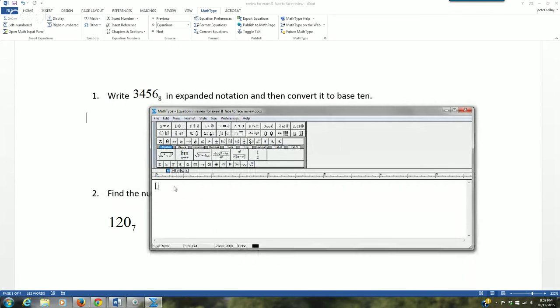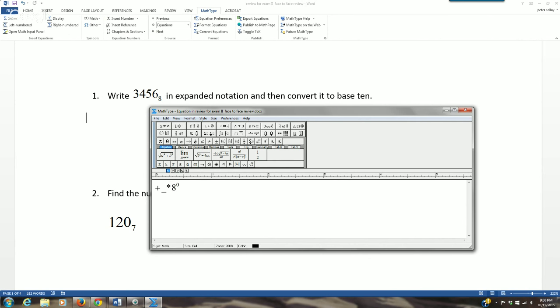Okay, so the way we want to think about this one is there is some number times, I guess I'm going to do this backwards, 8 to the 0 power times something, and we're going to fill in that blank.